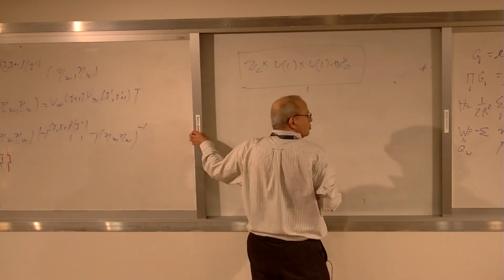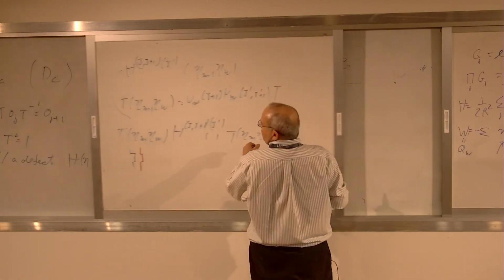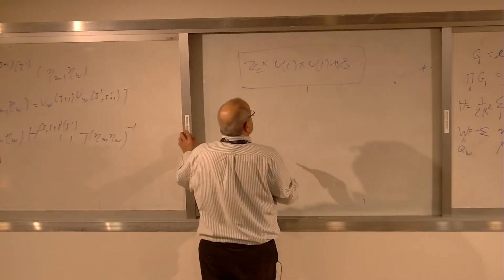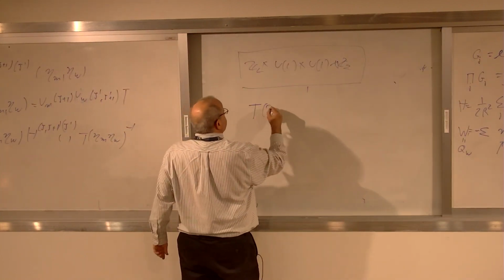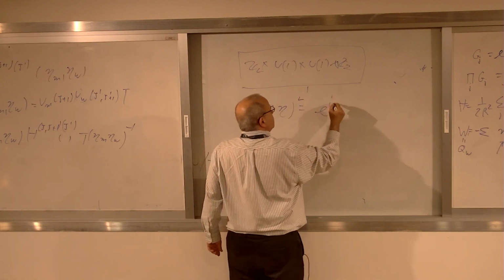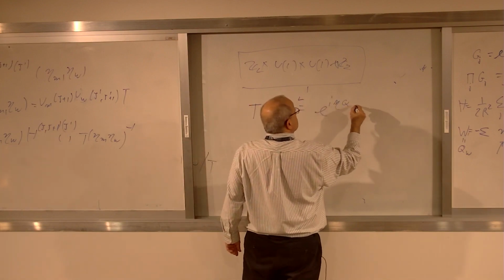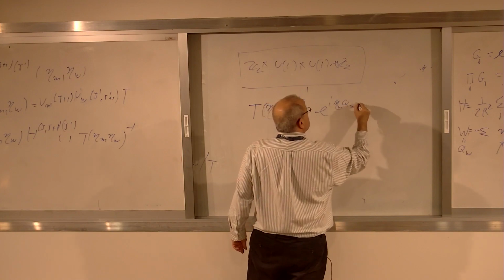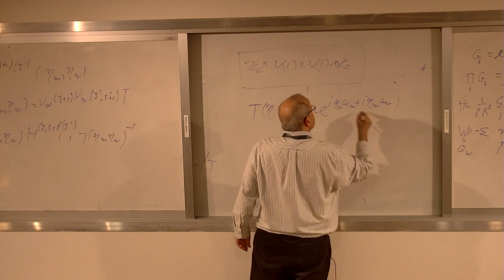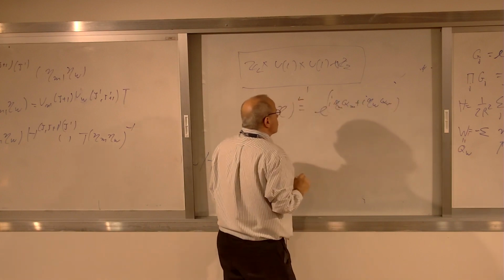Did I erase the most important equation? Yeah, I erased the most important equation. That's always the case. So we have T of the etas to the A, which I wanted it to be e to the i eta q m n i eta w q w. That's what I wanted to have.